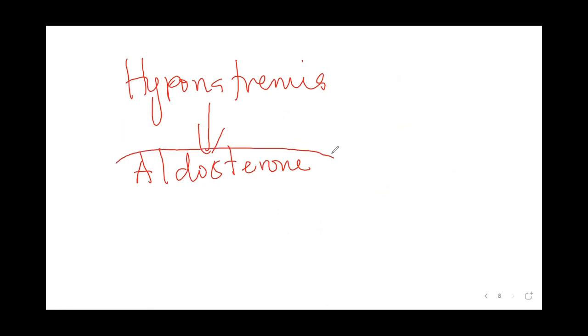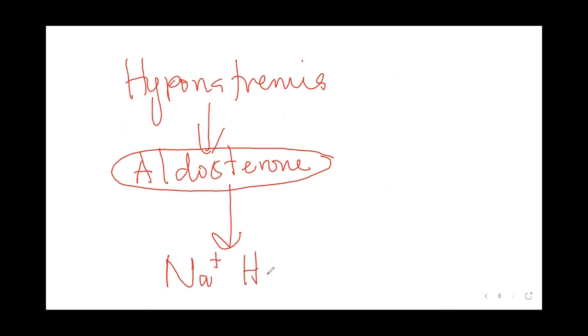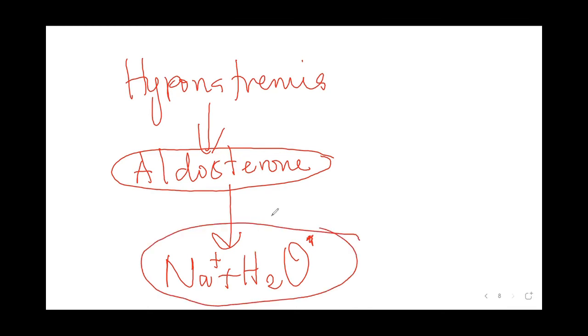The aim of aldosterone is to cause reabsorption of sodium and water. Okay, is to cause absorption of sodium and water from the proximal convoluted tubule.